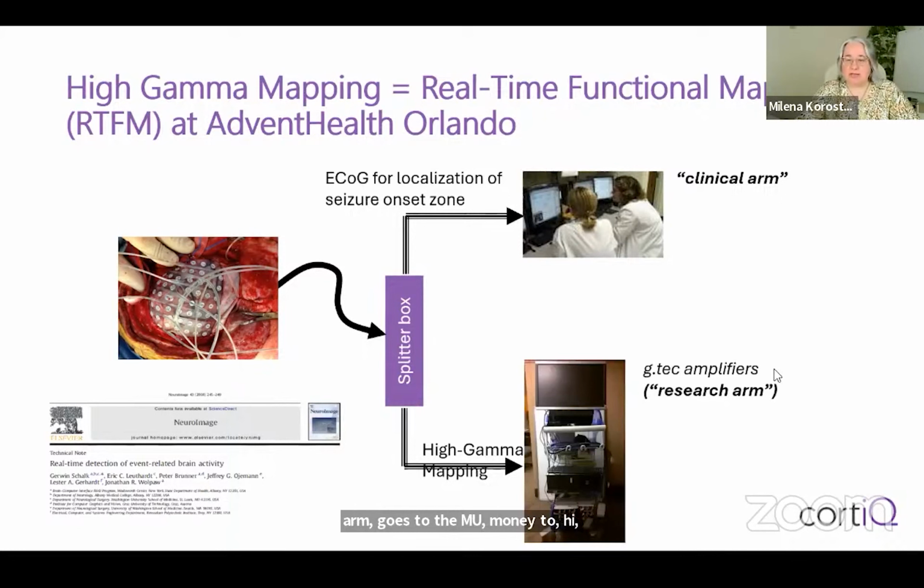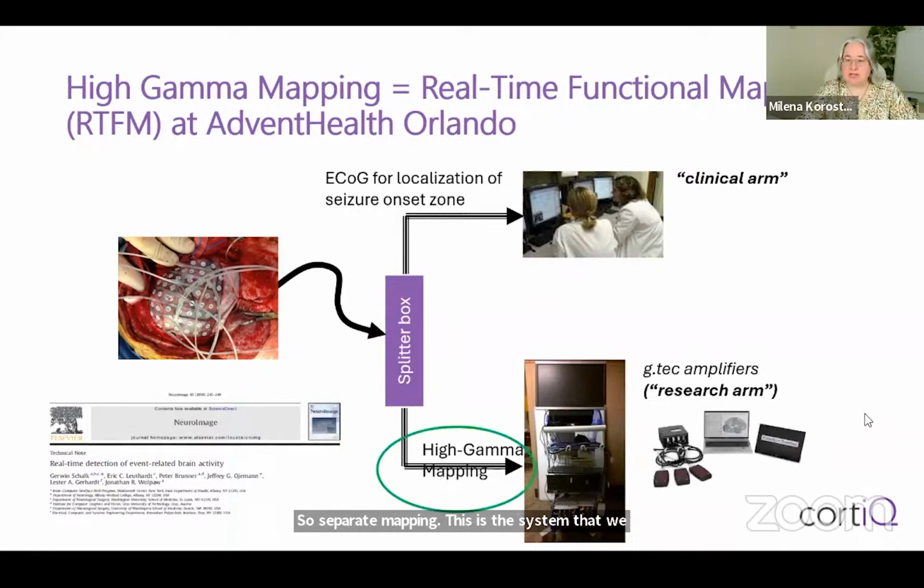And again, this is the system that we used. It was a research arm, and now it's available in this much better and convenient solution that I talked about when I was talking about research. But this was particular research because we were validating the high gamma approach.